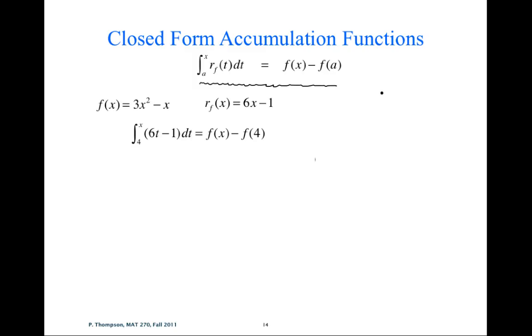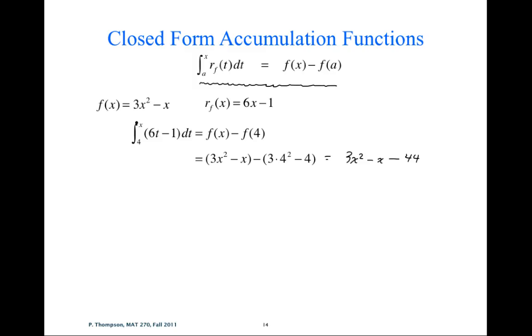Final minus initial. What is f of x? 3x squared minus x. What's f of 4? Well, 3 times 4 squared minus 4. So if we want to simplify that, we could. 44, thank you. 3x squared minus x minus 44.